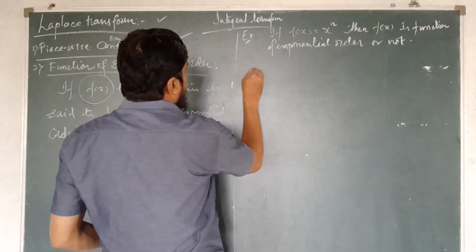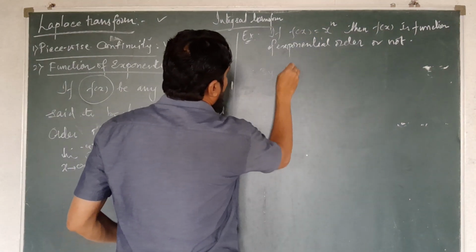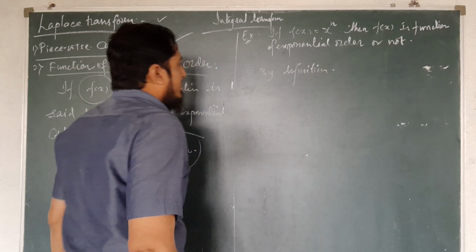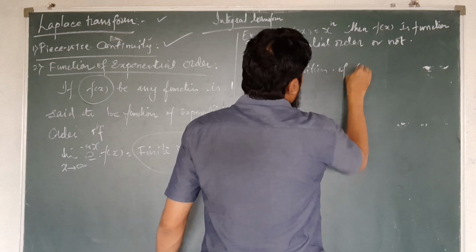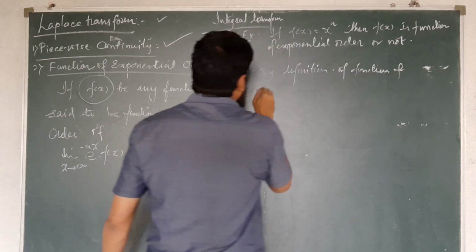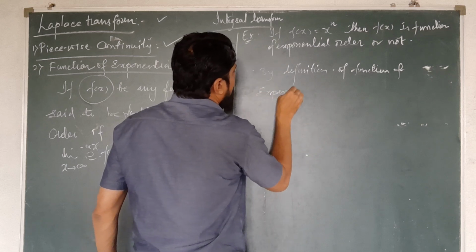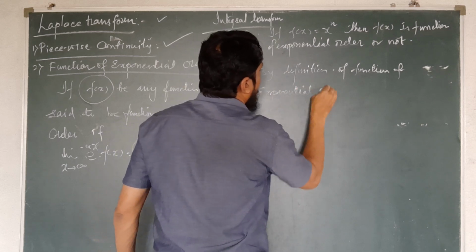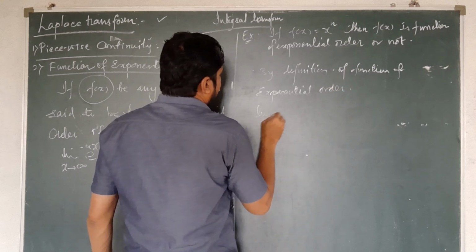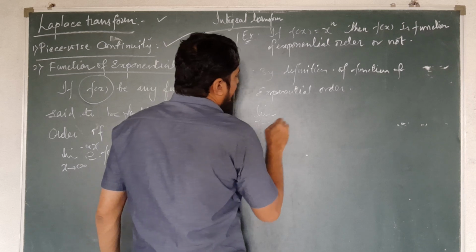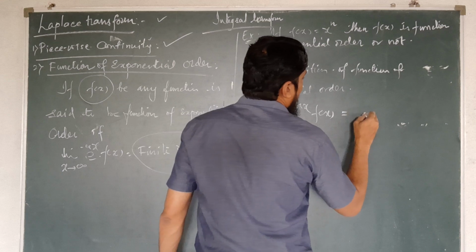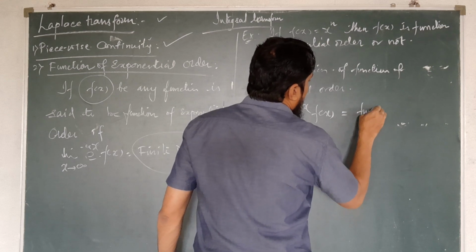Since, by the definition of a function of exponential order, limit x tends to infinity e raised to minus ax f of x should be a finite number.